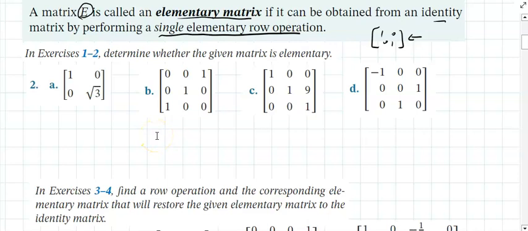So we're thinking, okay, can we just do one operation? And again, if you notice, this does look like the identity. So assume this is the identity matrix. What do you think you could do to this to get that? Well, wouldn't you say it is elementary?